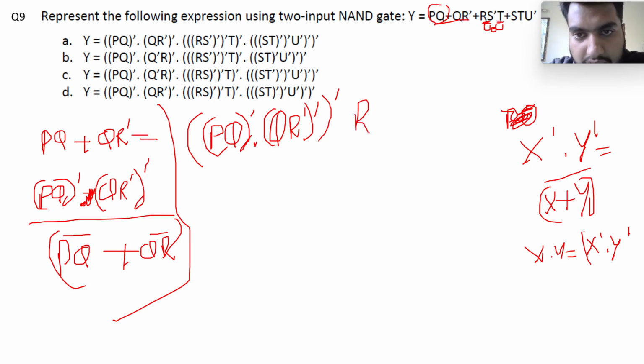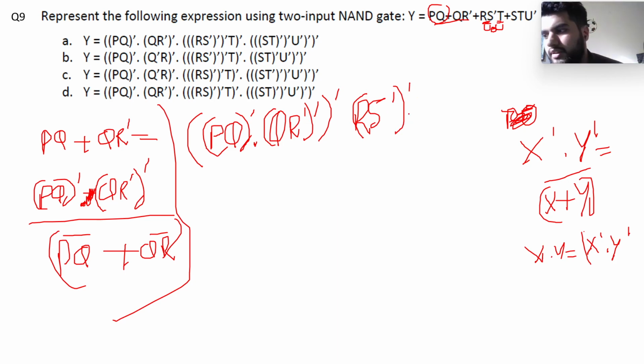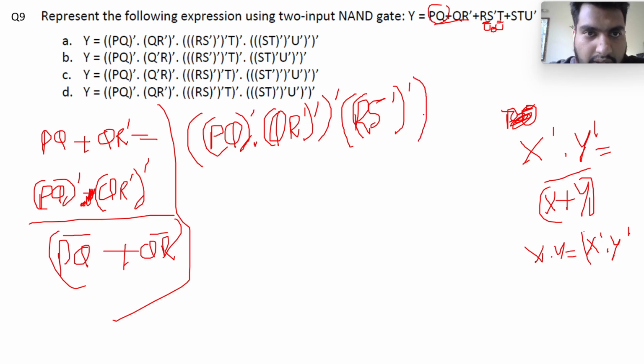So I have RS complement, its complement, RS complement, then its complement, and then its RS complement, its PQ complement, QR complement, then its complement I have taken, and now I need to again take its complement, and then T, and then the complement, and similarly for ST and U complement.